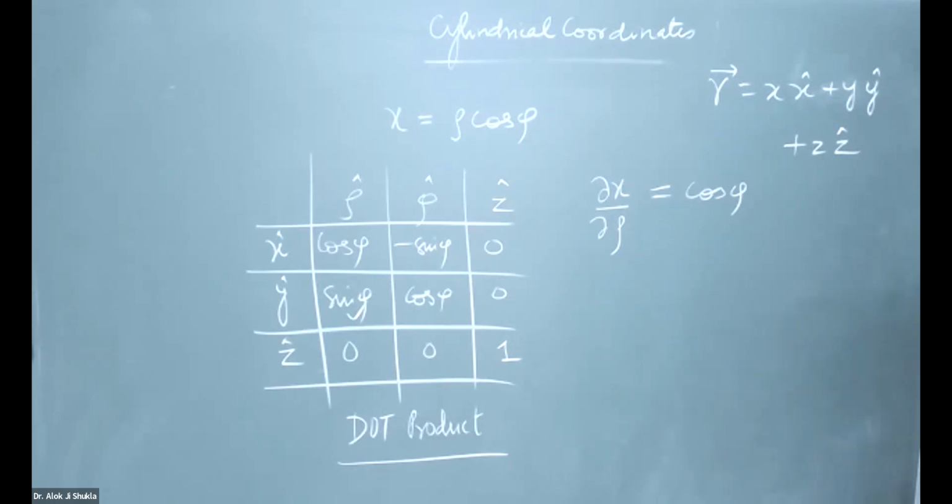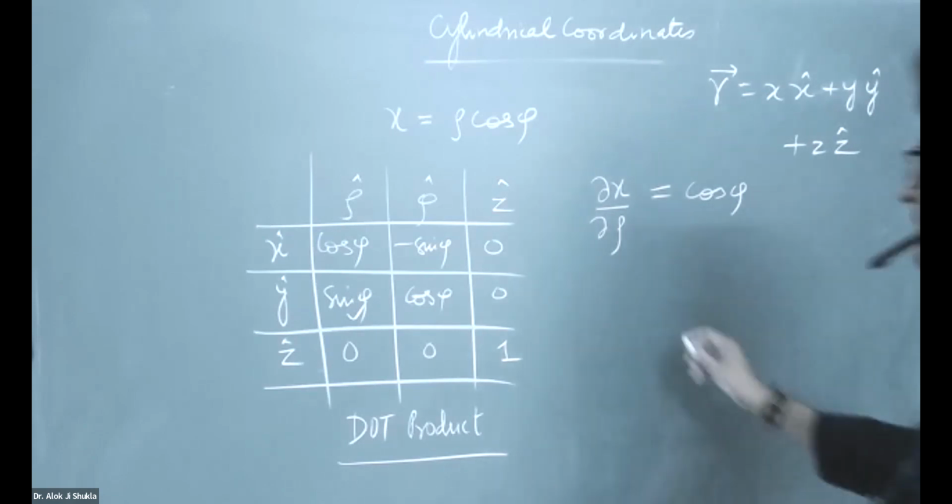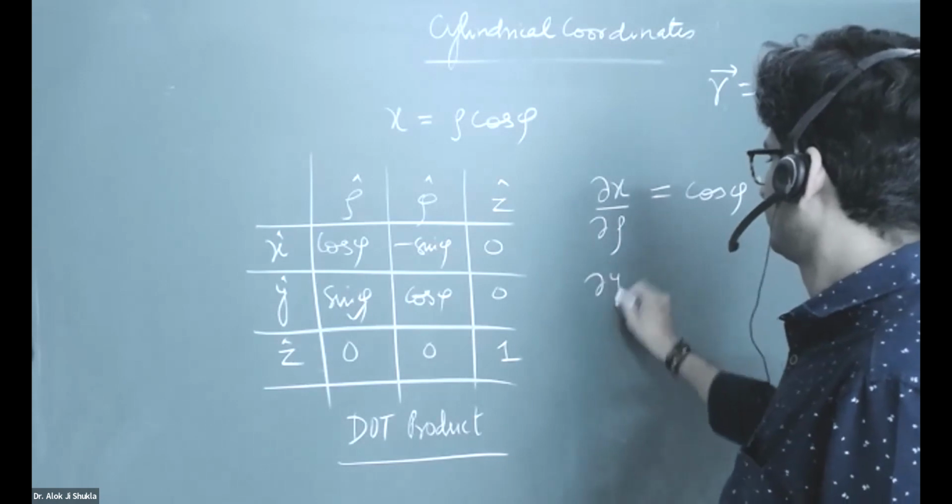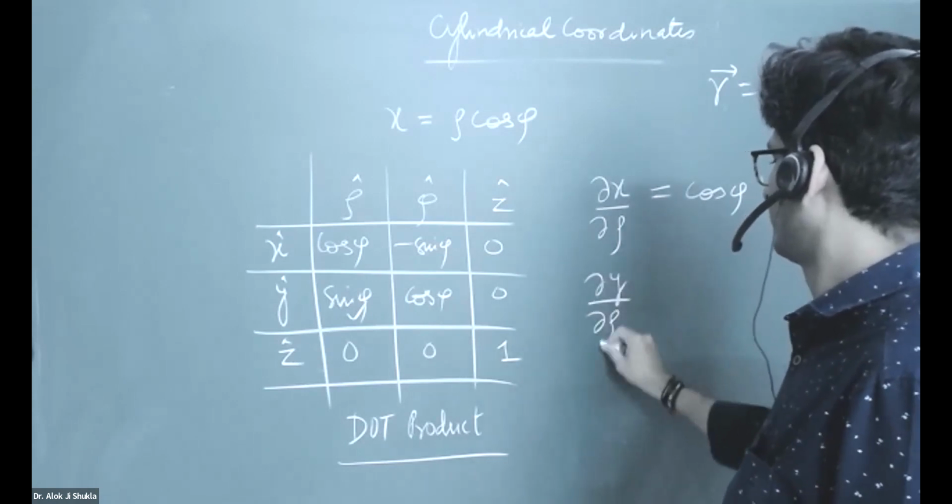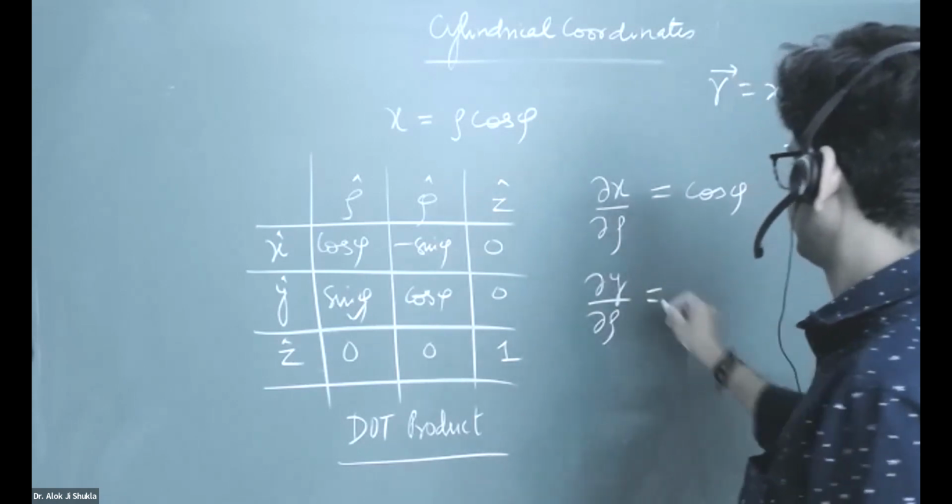And if I go for, so this was del x by del rho, and similarly del y by del rho, what will you get?